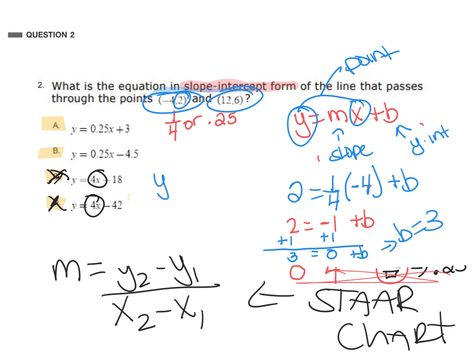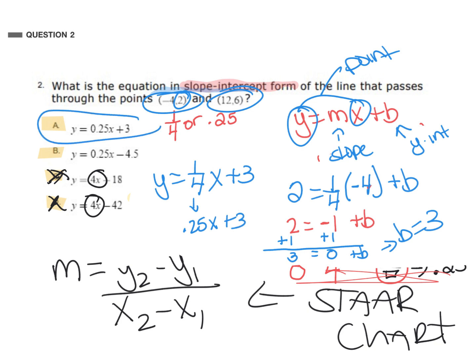So I have y equals, my slope is 1/4 x, and then my y-intercept is +3. Looking at my answer choices, well, I have, remember, I can change this to a decimal, 0.25x plus 3, and A is my answer. So a little bit more work than our first question, but very doable because we have our 2 points. Remember, find our slope, plug in our points. Always use slope-intercept formula.